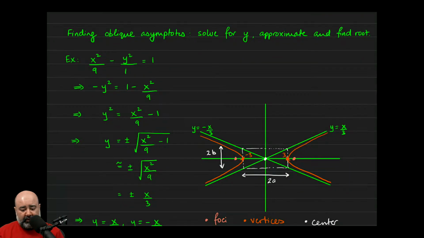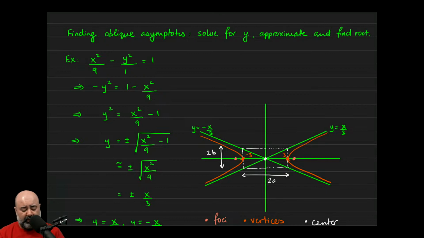So let's take a look at a couple of examples here. If we have an equation, x squared over 9 minus y squared over 1 equals 1, and we're trying to find the oblique asymptotes for this function, we can do so by solving for y, approximating what we get, and then finding the square root.